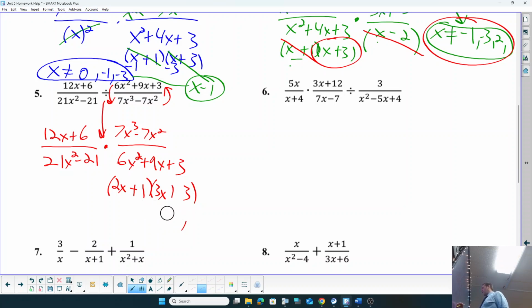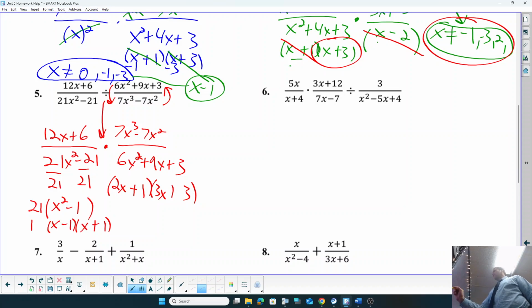So we factored the bottom. Now we can pull out a 21. And when you pull out a 21, you're left with x squared minus 1, which can factor more. Oh my goodness, this is crazy. 1 and 1, minus and plus. Okay, so we did lots of factoring there, you guys. We're not going to worry about that now because we did it down there. And then just bring this down, bring this down.